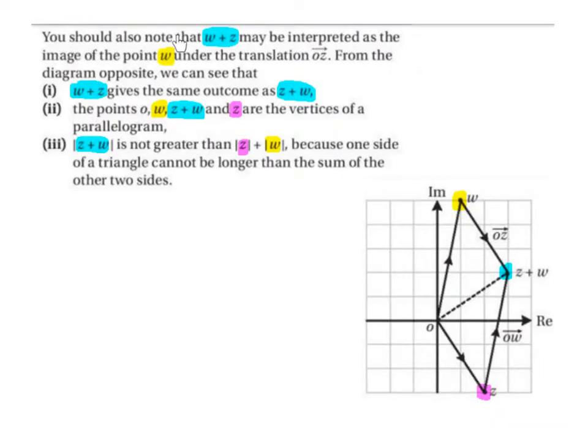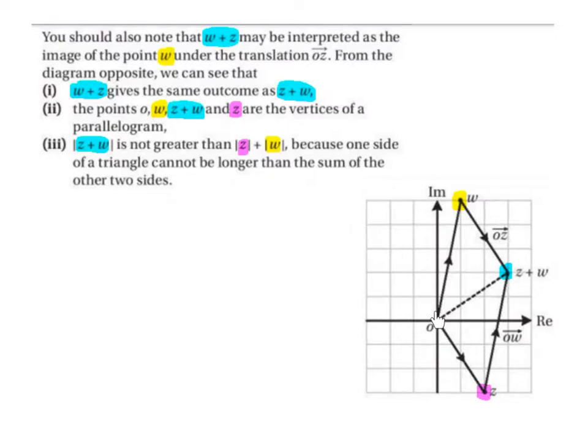You should also note that w plus z may be interpreted as the image of the point w under the translation OZ. From the diagram opposite, we can see that w plus z gives the same outcome as z plus w. So here we have z plus w, which is w plus z.